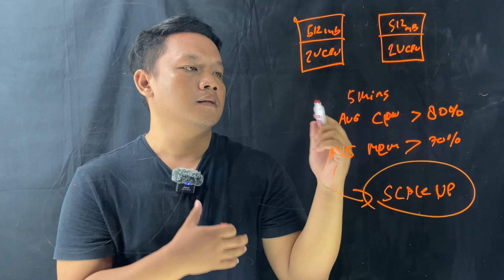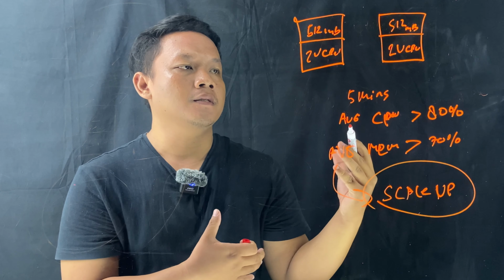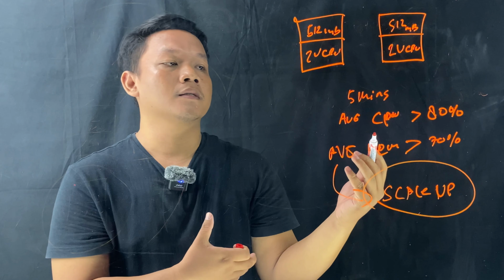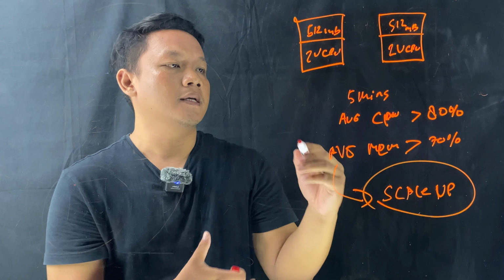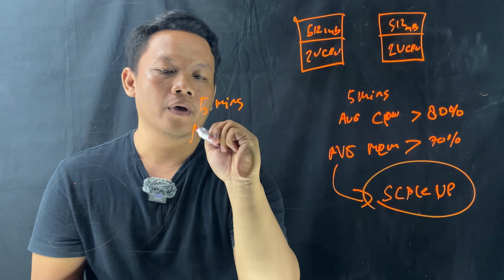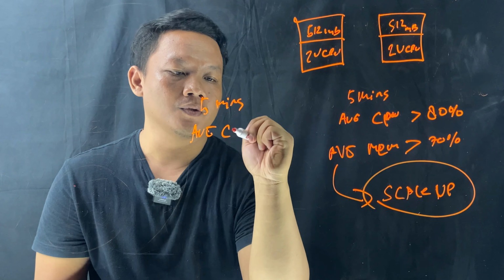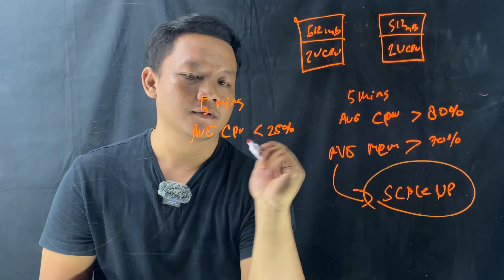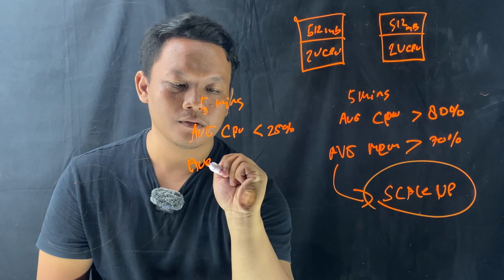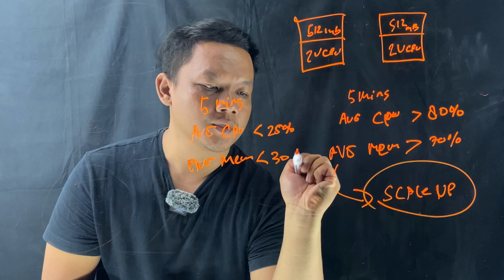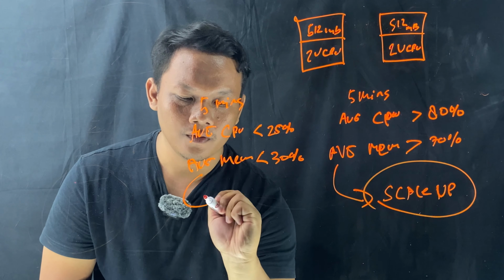And not only that, let's say once it gets busy at a specific time and then it slows down and there are fewer requests. We can also set a kind of rule to scale down. Let's say in the last 5 minutes, if average CPU usage is less than 25% and average memory usage is less than 30%, then you have to scale down.